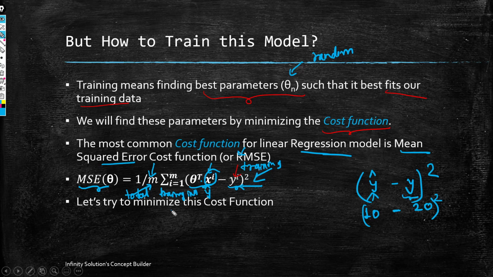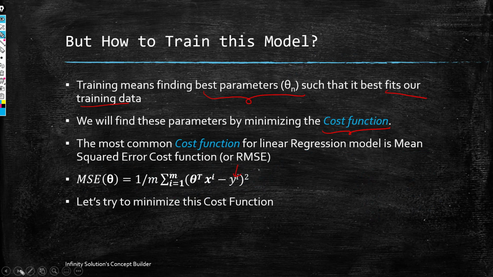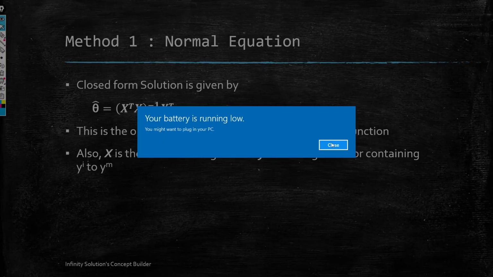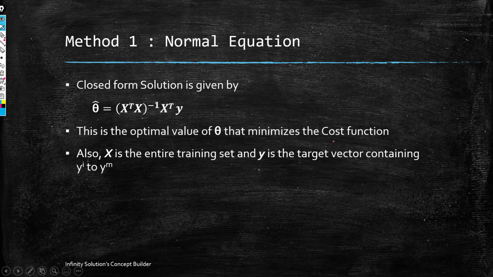Now how do we minimize this? When we have minima in mind, we think of differentiation, and we'll do the same. If we differentiate, we get some optimal values of theta. Let me just continue.